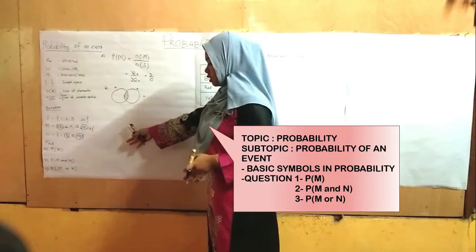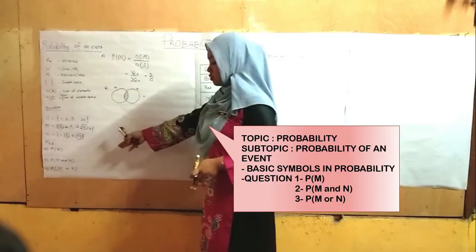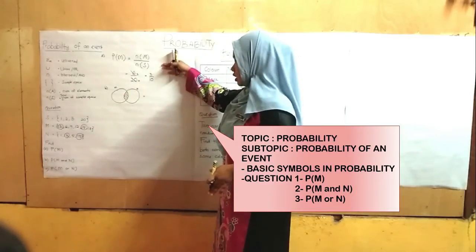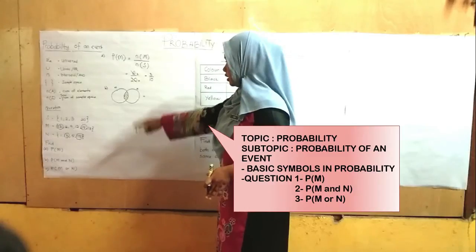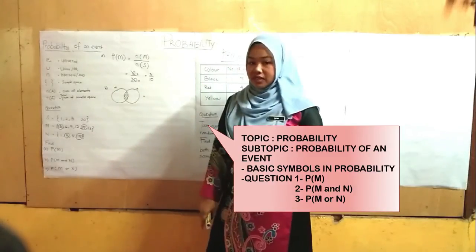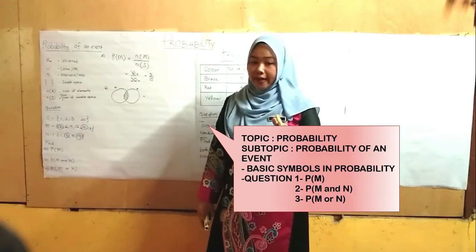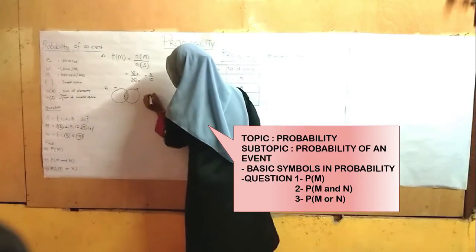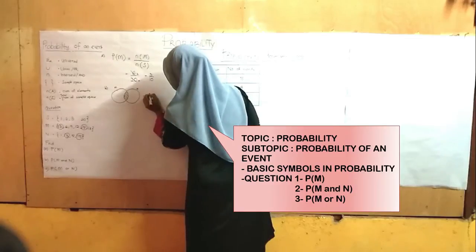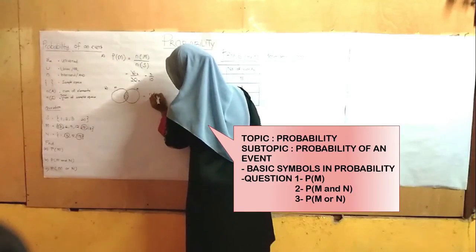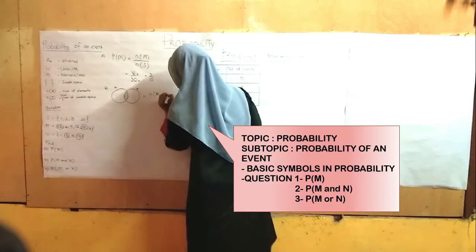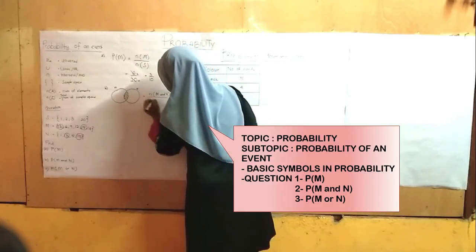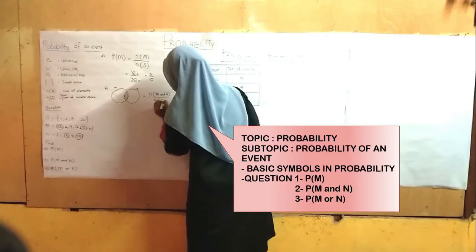For question B, it's the same, but we have to find the number of elements that intersect between M and N. So we find the number of elements in M and N divided by number of samples.